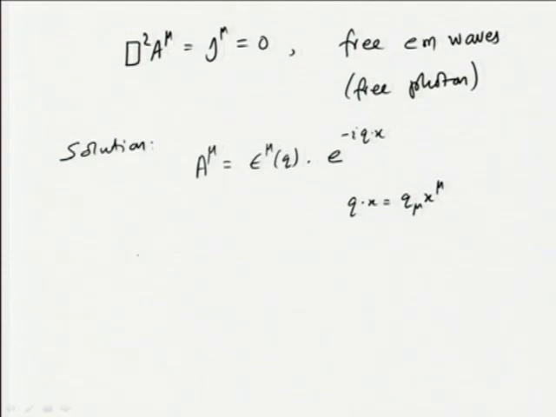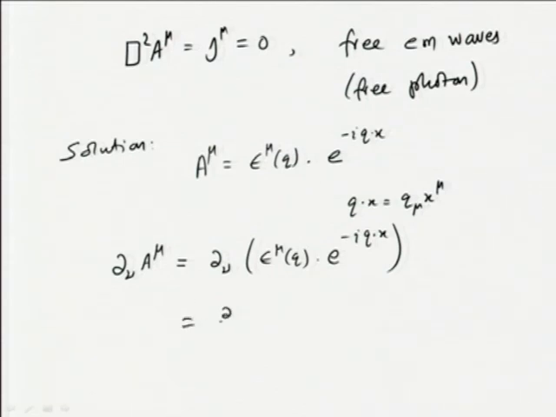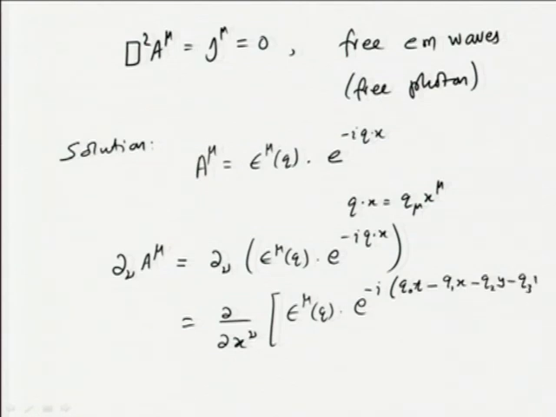Let me act on it with ∂_ν. ∂_ν A^μ is equal to ∂_ν acting on ε^μ(q) e^(-i q·x), which is equal to ∂/∂x^ν acting on the same thing, ε^μ(q) e^(-i(q_0 t - q_1 x - q_2 y - q_3 z)).